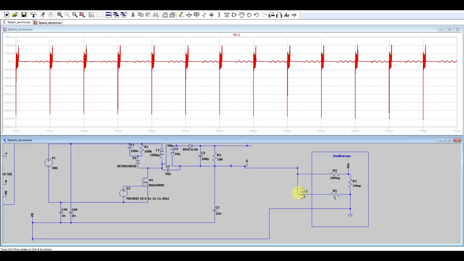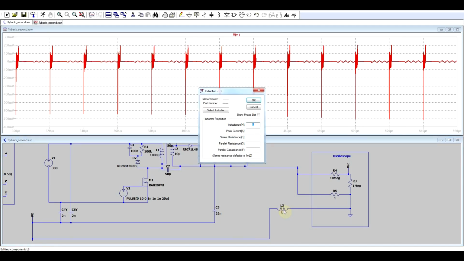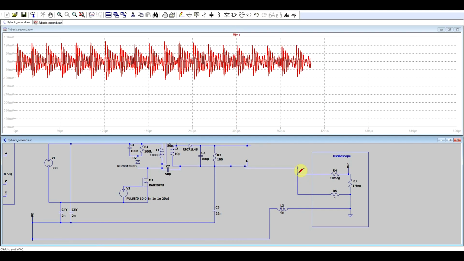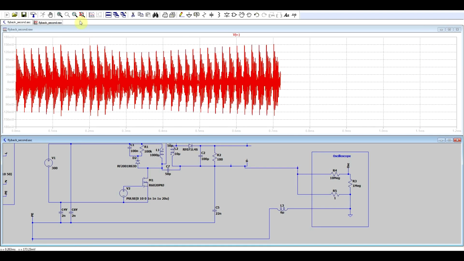Now there's one thing missing here, and that is that in the simulation the protected earth is connected to the oscilloscope through an ideal piece of wire. In reality it's not an ideal wire, it's about 2 or 3 meters of electrical cable that has some resistance, which let's say we can neglect, but it does have some inductance, which we cannot neglect. So if I simply add about 5 or 6 microhenry of inductance, the waveform changes completely.